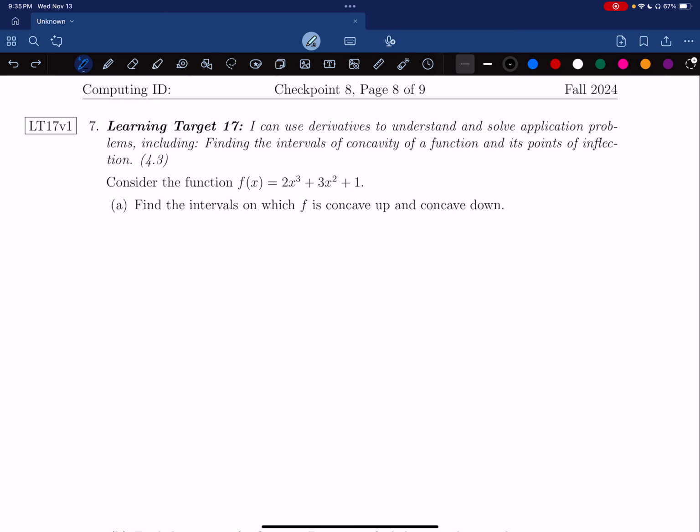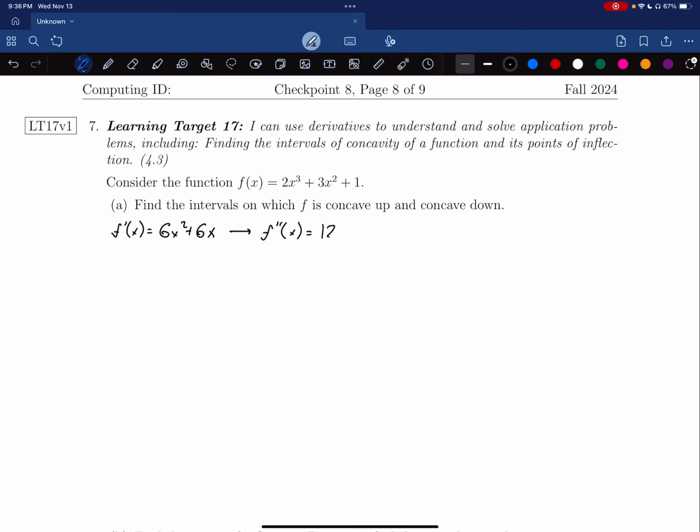So when we're looking for inflection points and concavity, we think second derivative in this case. But first, we still need to take the first derivative, which is pretty simple just using the power rule, 6x squared plus 6x. And then we need to take a second derivative, f double prime of x.